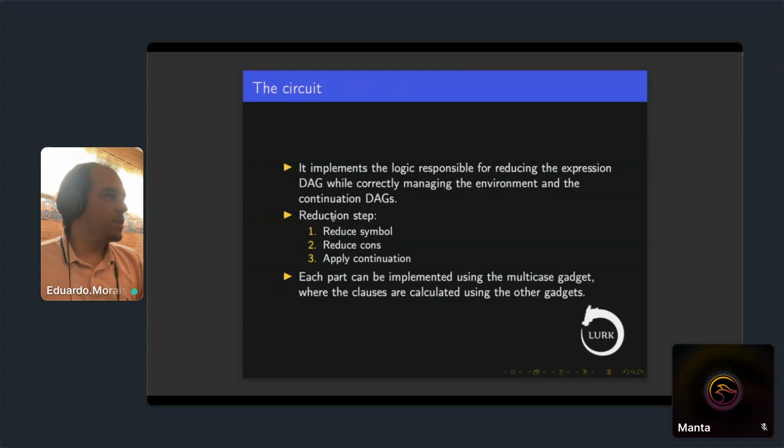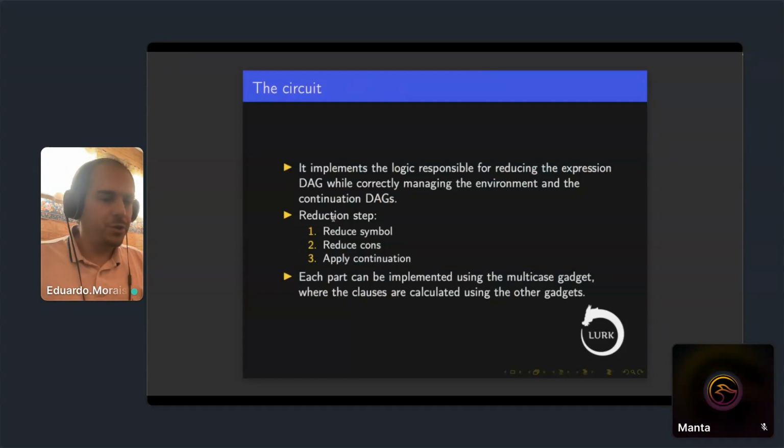And we organize it in 3 steps. The first one is to reduce a symbol, which means you want to reduce a leaf in the tree. If it's a number, then it evaluates to itself. If it's a variable, you need to replace it by the value that you are going to find when you look it up in the environment. So if it's a more complicated expression, then it means it is a cons.